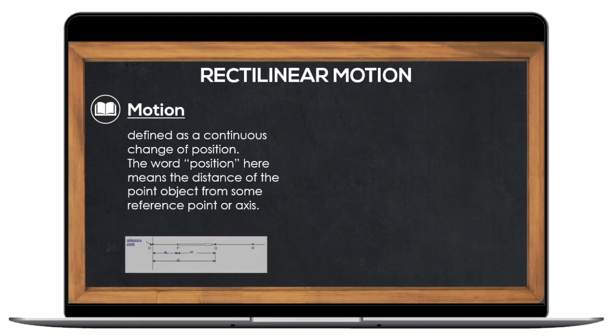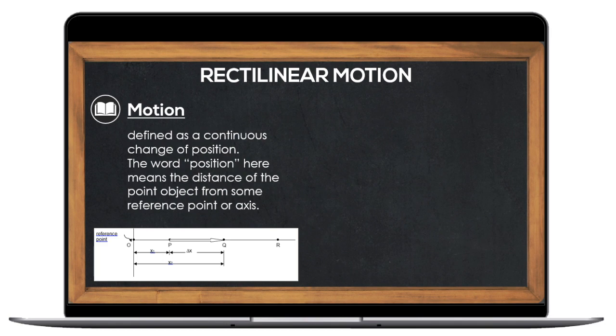To illustrate, in this diagram, let's say we have an object whose initial position is at point P. This is its first position. With respect to the reference point, which is point O, the distance of the initial point is simply x sub 1.